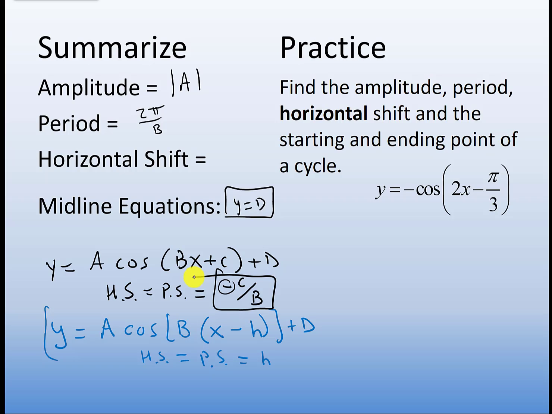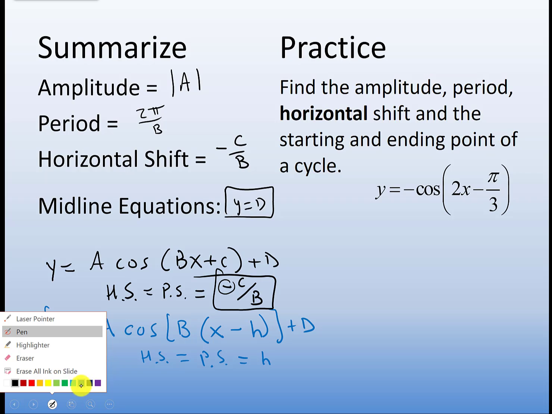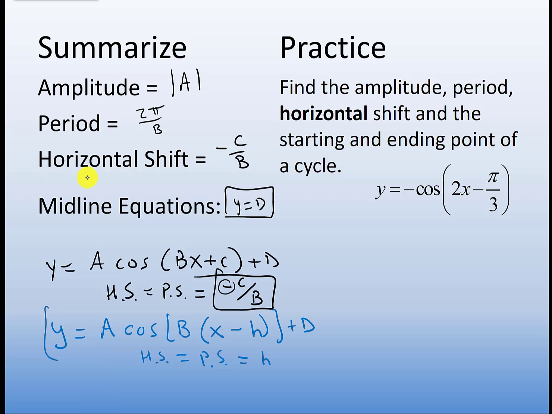So I'm going to put it up here as a formula, negative C over B. That's the main formula, but it might be H. Now it's only H if B is factored out, and that's if B is factored.